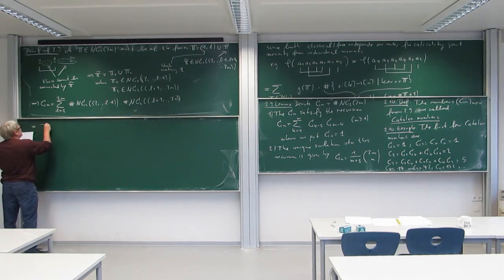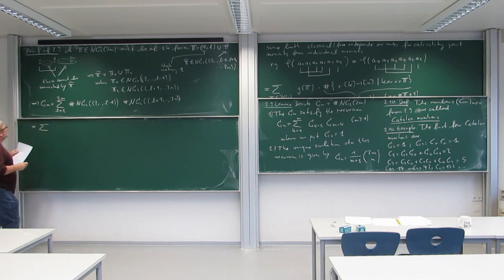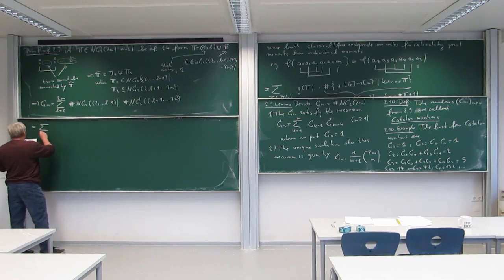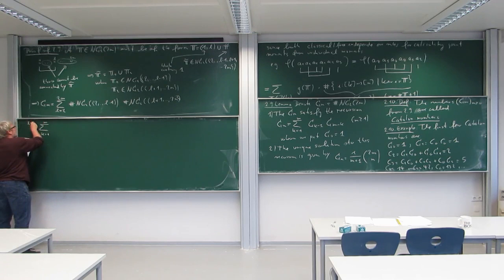So L is now of the form 2k, and k is running from 1 up to m.